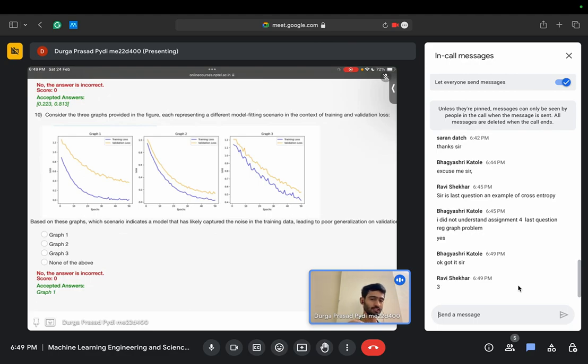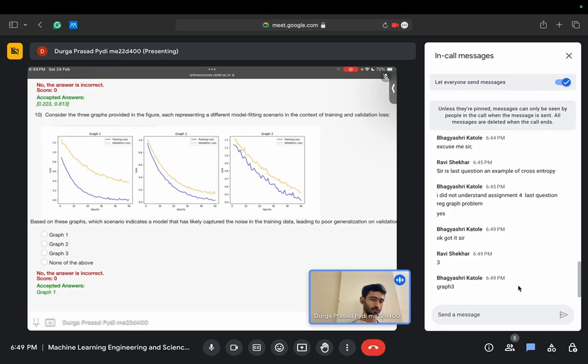The first one has more bias. Yeah, I was actually referring to her, so she could answer it. Graph 3. So you are clear why it has more variance? Here both the training and validation losses are close to each other, but the error is quite a bit higher compared to the other two cases, so you have more variance in that.